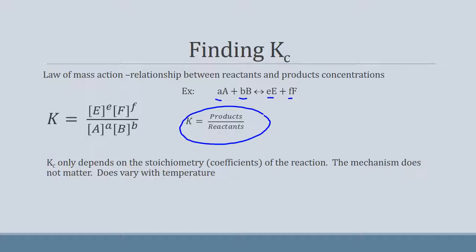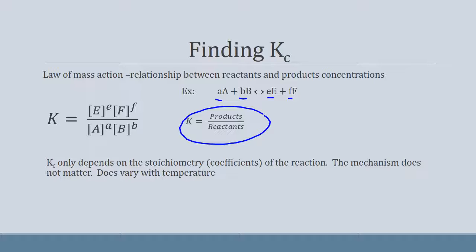So as you can see on the screen here, you have E's concentration raised to the E power, its coefficient, times F's concentration raised to the F coefficient, the whole thing divided by A raised to the A coefficient and B raised to the B coefficient. It can be numbers, but most often you're going to see it as a generic form for the equilibrium constant.